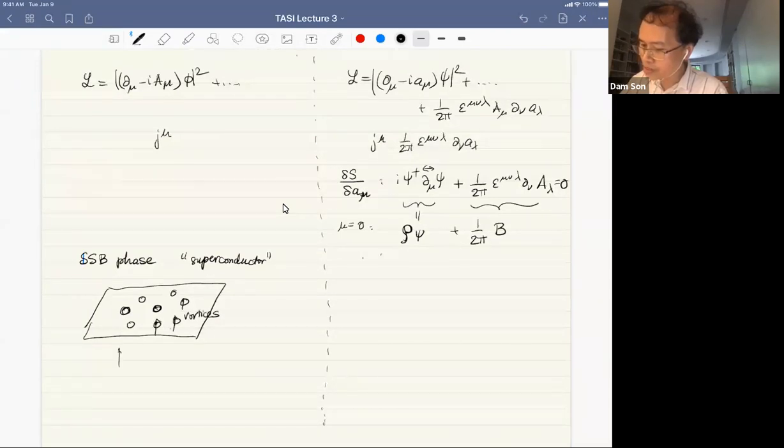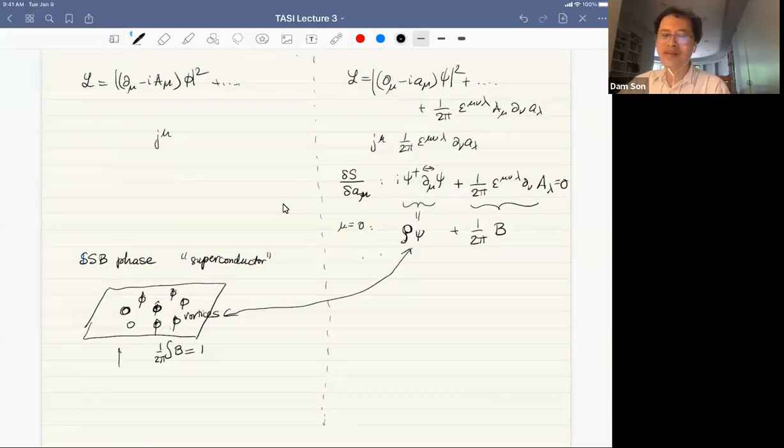And each vortex has the integral of b over 2 pi, the flux of the magnetic field through one vortex, equal to 1. So that allows us to identify this vortex with psi.